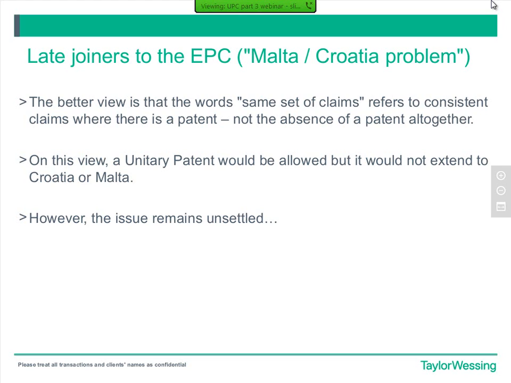It's to interpret Article 3.1 to mean that in order to have unitary effect, the European patent must have the same set of claims in all countries where it is effective. And this will not be Malta or Croatia. However, this may be one of the first issues which the Unitary Patent Court will have to decide upon.